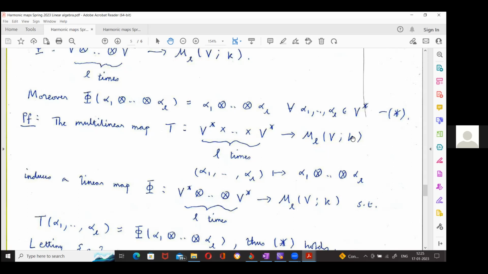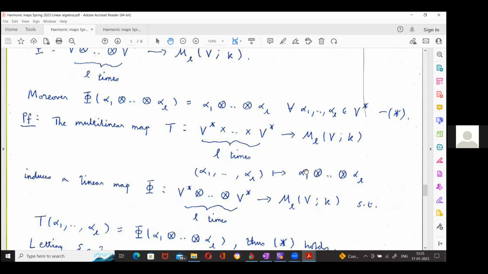But it comes with a natural multilinear map from V star cross ... cross V star, L times. The map is just alpha 1, ..., alpha L goes to alpha 1 tensor ... tensor alpha L, where this tensor product is the tensor product of multilinear functions.